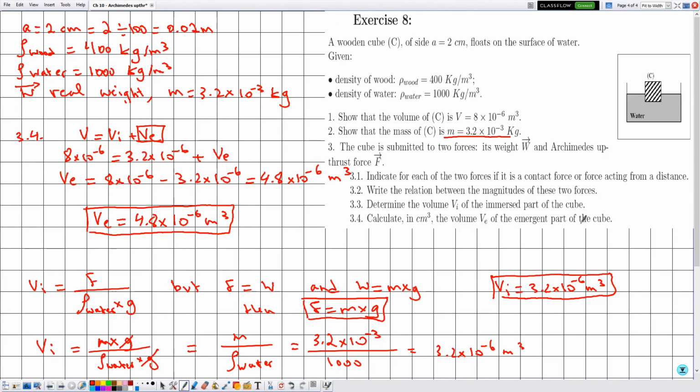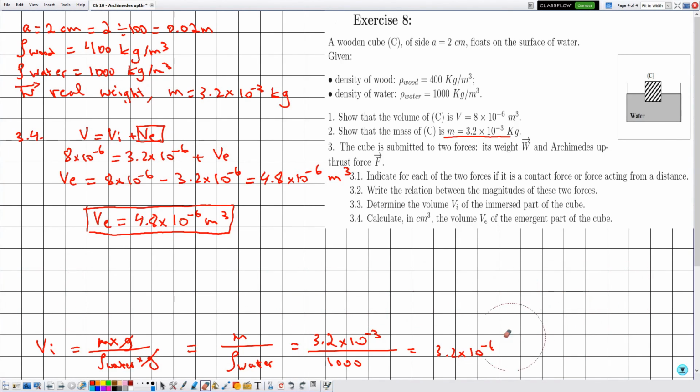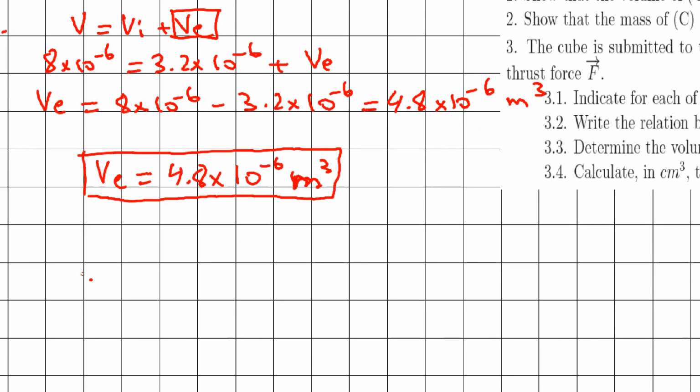Notice that I haven't answered in the required unit. I have calculated VE in meter cube, but the required unit is centimeter cube. So now this is simple. In order to convert from meter cube to centimeter cube, we multiply by 10 to the power 6.